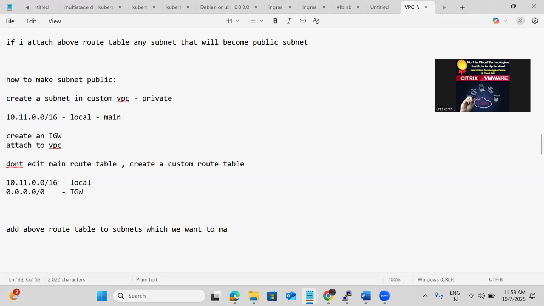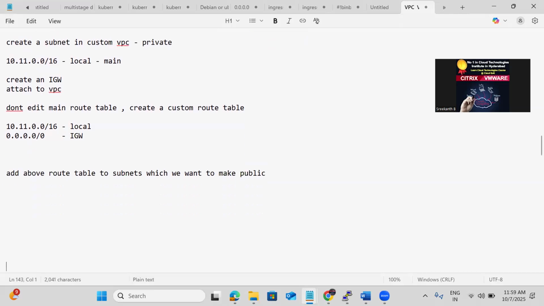These are all the steps we need to do. Then we need to attach the route table to the subnet association, or even from subnet to route table association. Anything is fine.